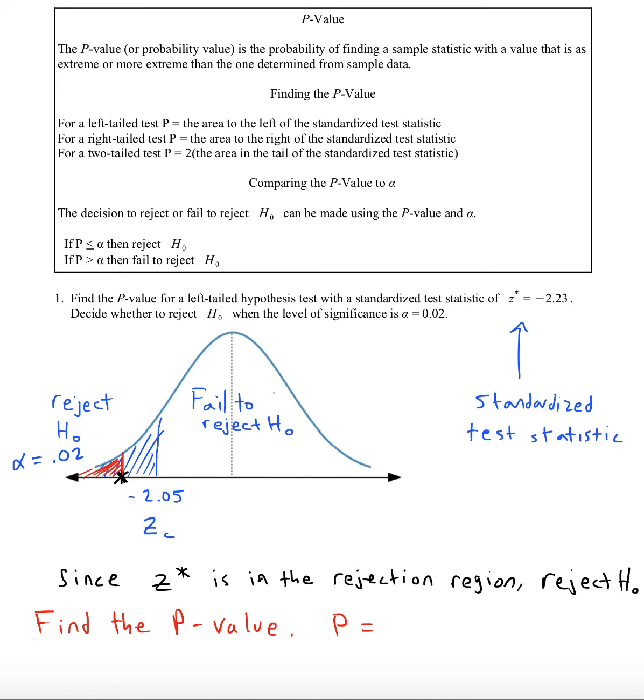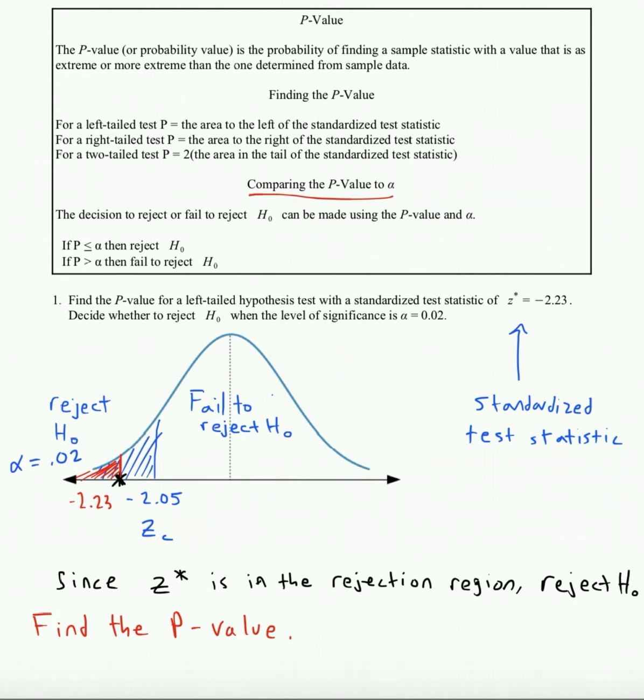To do it, we should go back to the tables and look up a z of negative 2.23, because that's the place where the star is. So let's go ahead and look up the p-value in the tables.